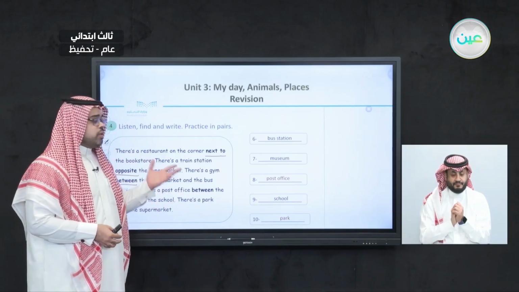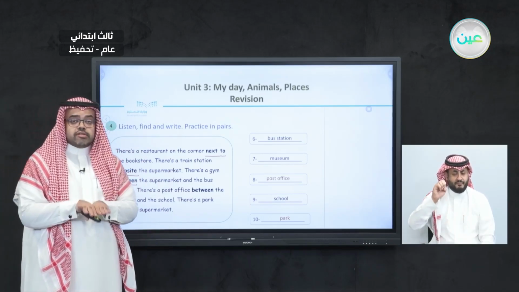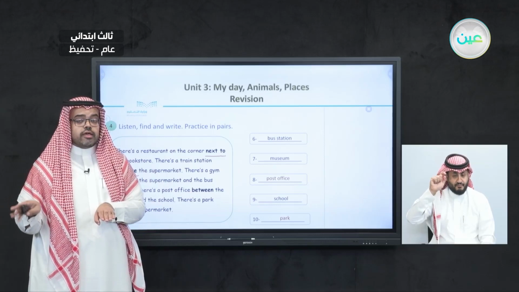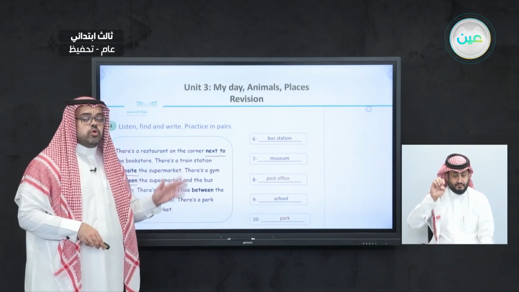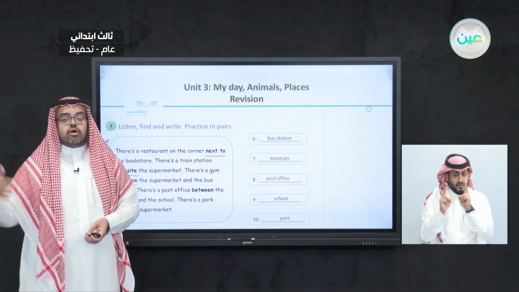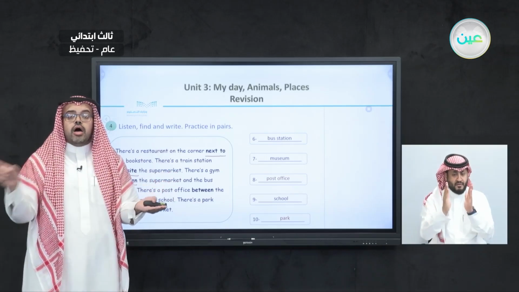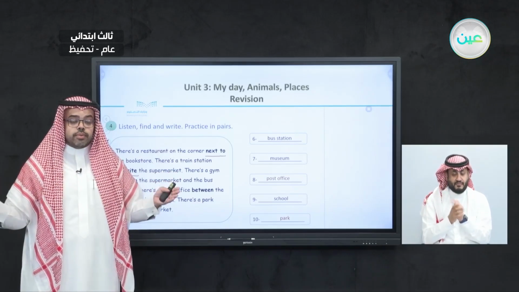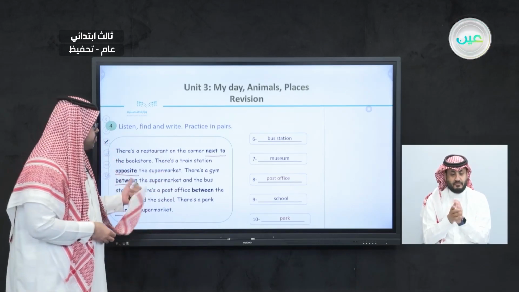For example, when we are using next to, which means side by side, this place is next to this place. Also, when we use opposite, which means that this place is on one side and the other place on the other side. The same goes with between.